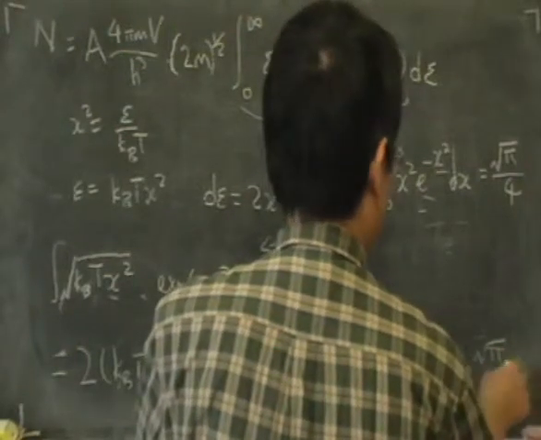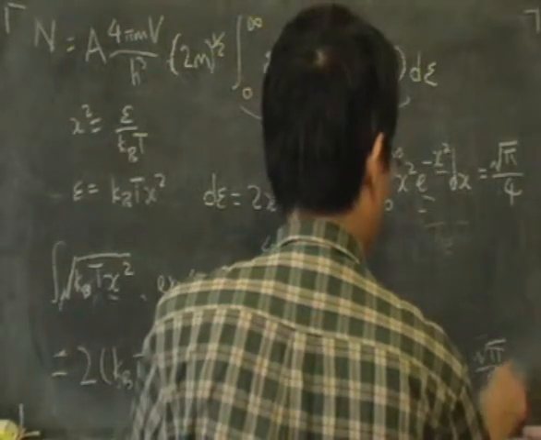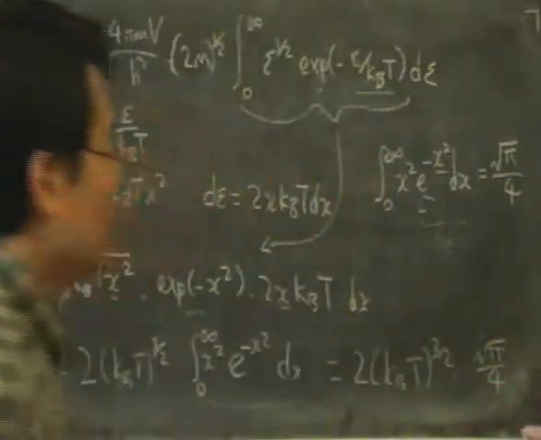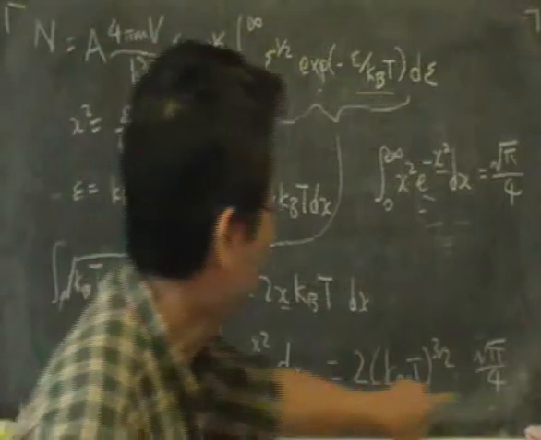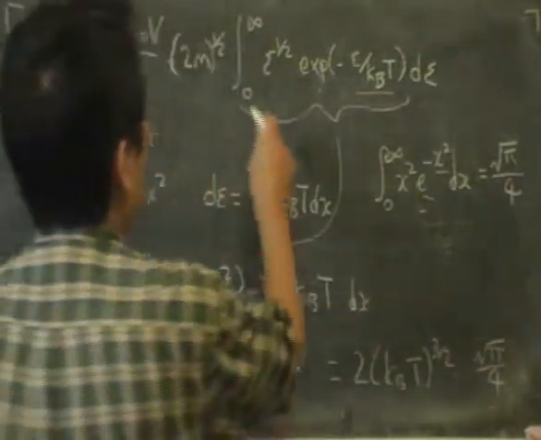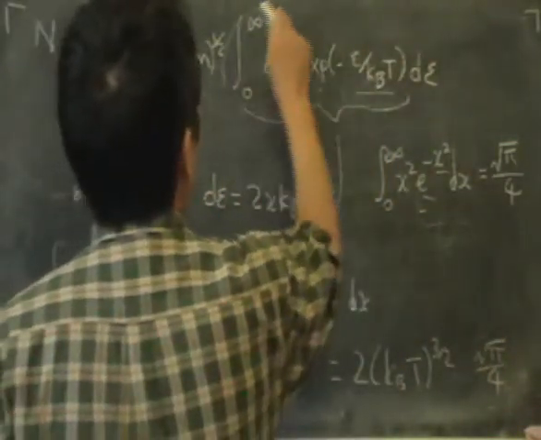Oh sorry, by square root of pi over 4. Right. So we can replace this by square root of pi over 4, and this would be this.